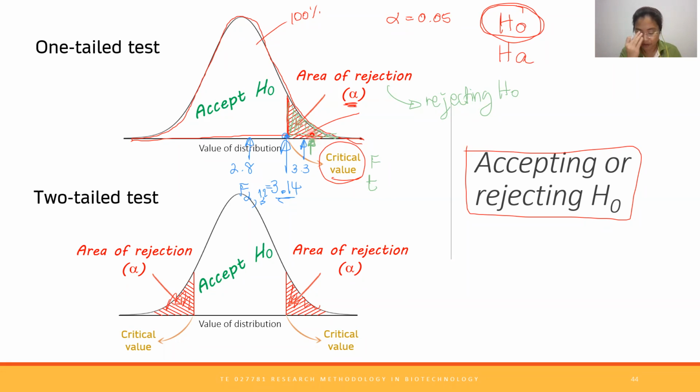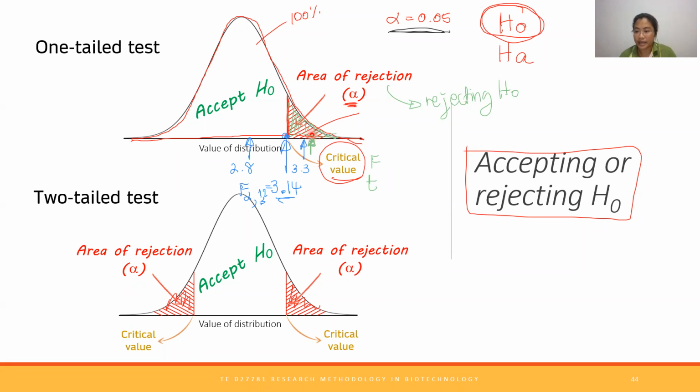For example, the p-value of 0.05, in this case where we have an alpha of 0.05, is the shaded area that you see in the graph. That area comes from the standard values of the F distribution. For example, if this is the F distribution, but this one is more like a T distribution, rather.